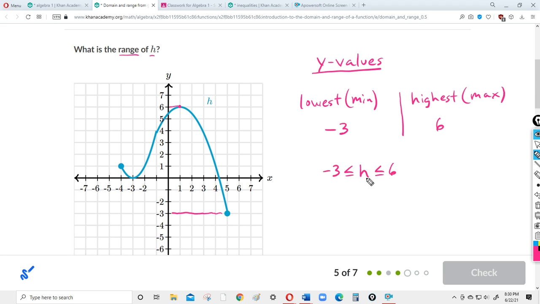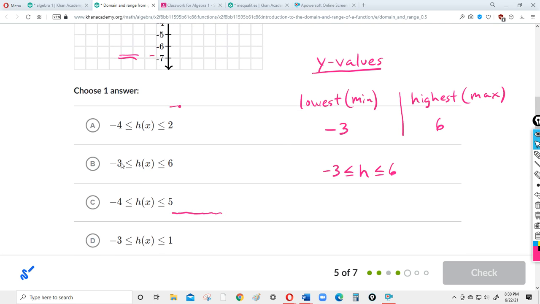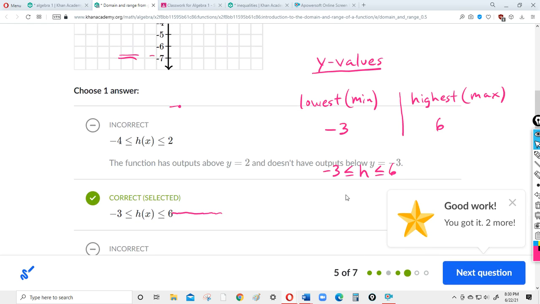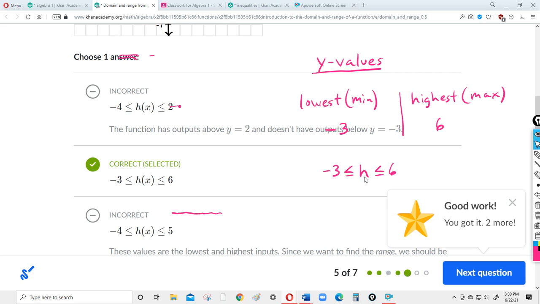In other words, the y values are going to run from -3 to +6. Okay, and we can see that on the graph. So this one is multiple choice, and that's this right here. Okay, I just wrote h, but they wrote h of x. Okay, same thing.